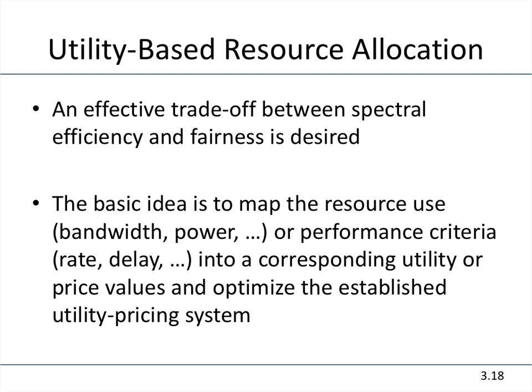It tries to integrate some aspect from fairness and some aspect from the maximum rate or some spectral efficiency. You can think of this utility as measuring the satisfaction of the user by provisioning certain network resource. How satisfied this user is is actually what this utility tries to measure.